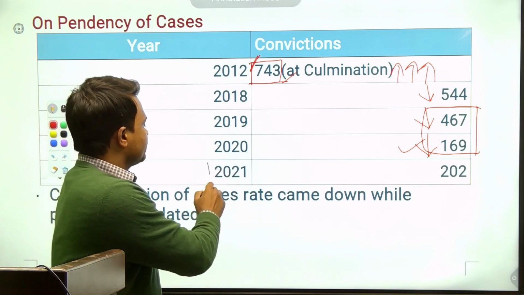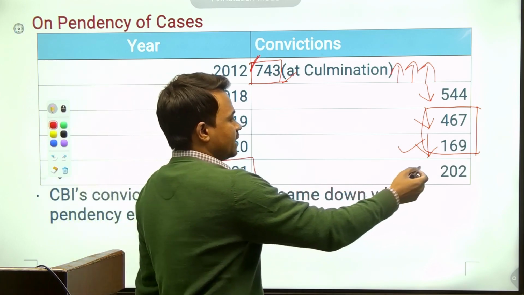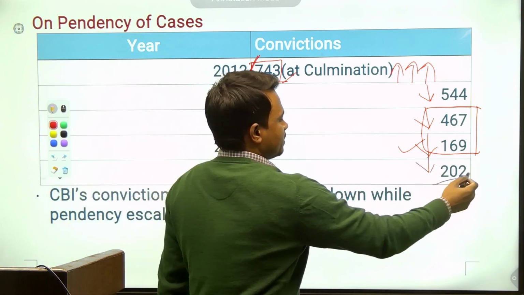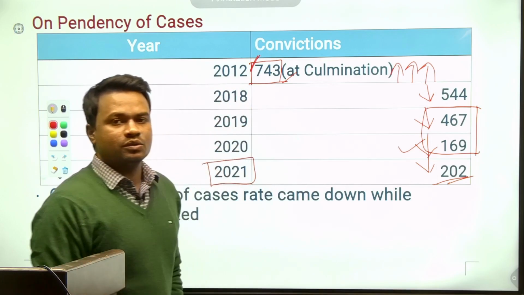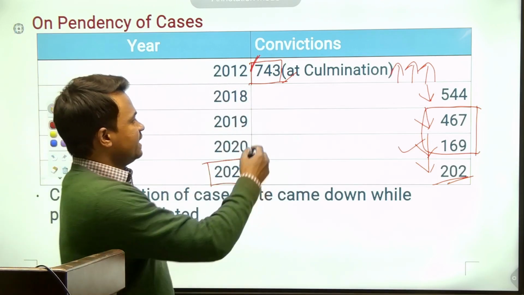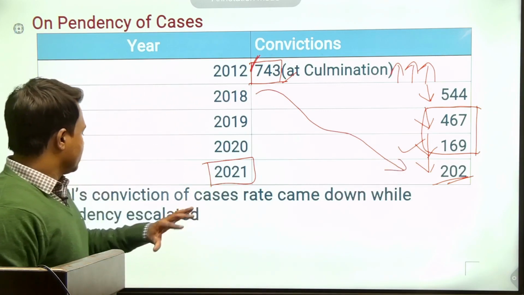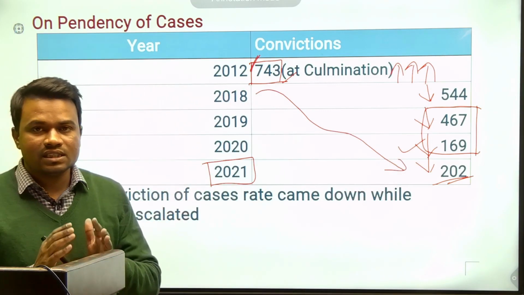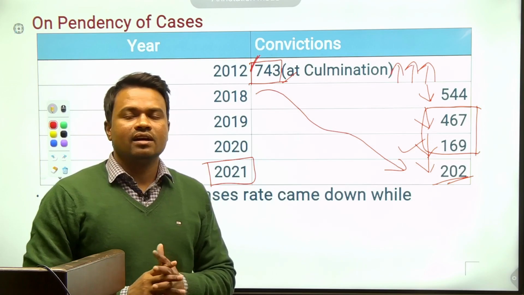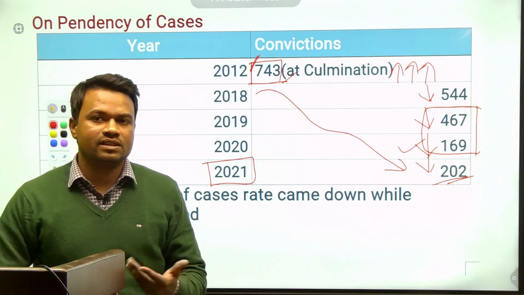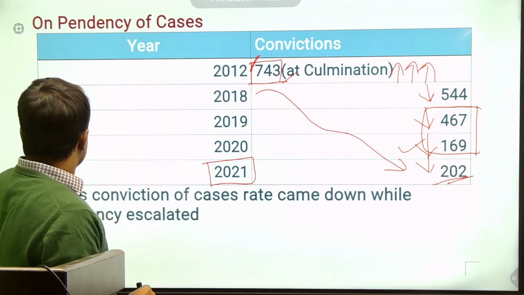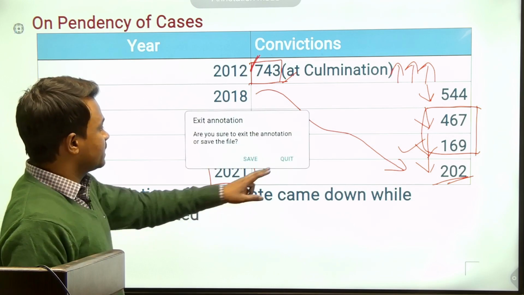But in 2021, the conviction figure is again only 202. So it is a declining trend in cases that we can see for the CBI. This committee highlighted the working of the CBI, which needs to be corrected.